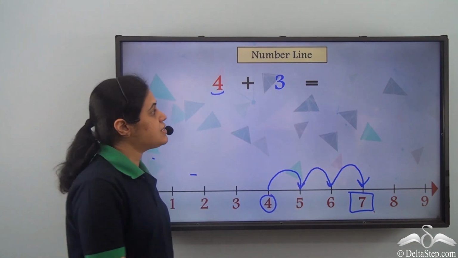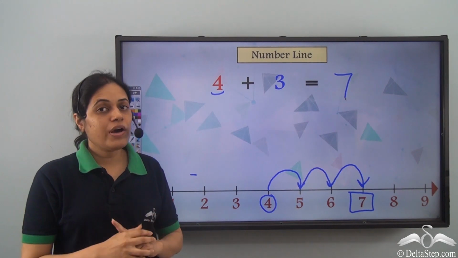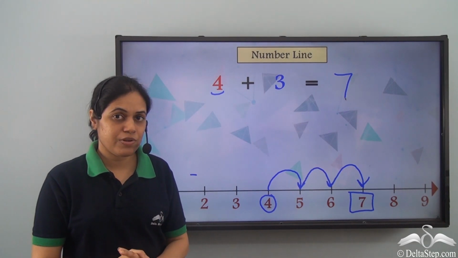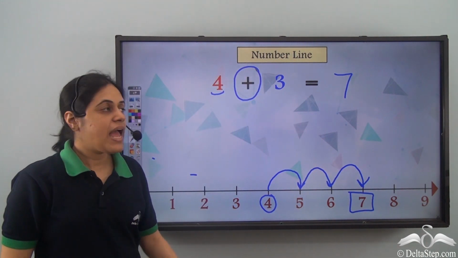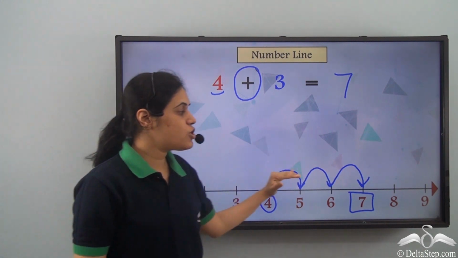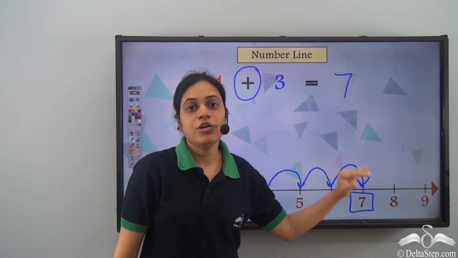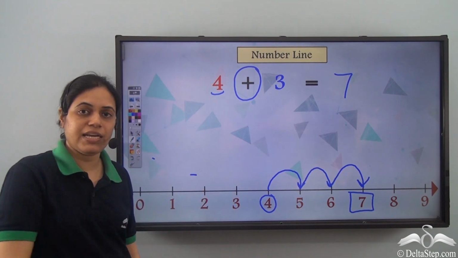So the answer is 7. Now another important thing to remember is we are adding two numbers, and when I add two numbers, I always hop to the right. You will never hop to the left for adding.